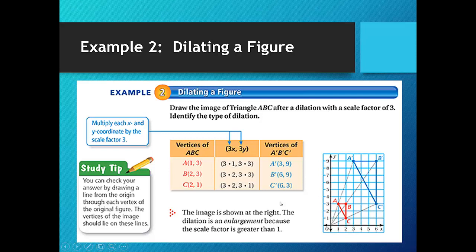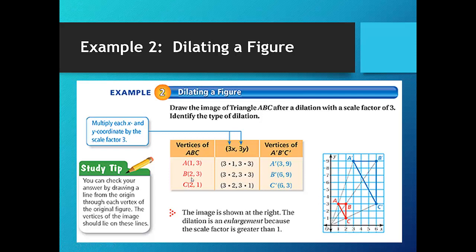We have a scale factor of 3, which means that we're going to multiply the x and the y both by 3. So for A, we have 3 times 1 for x and 3 times 3 for y. A prime would be (3, 9). For B, our original is at (2, 3).